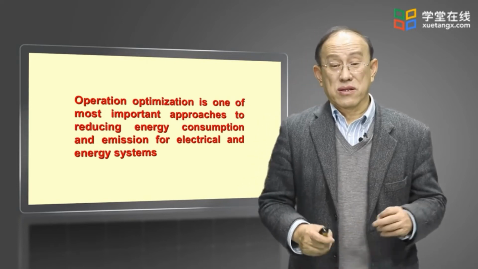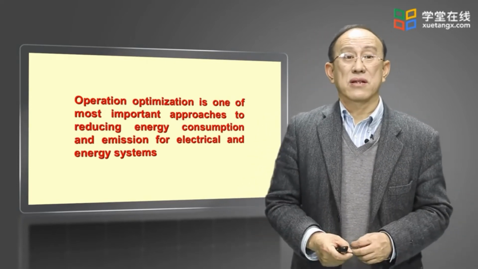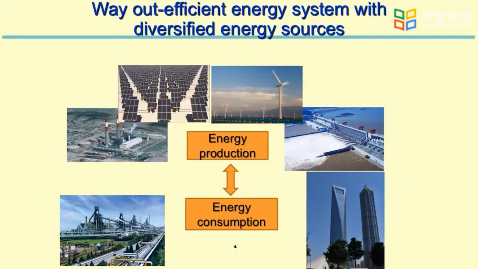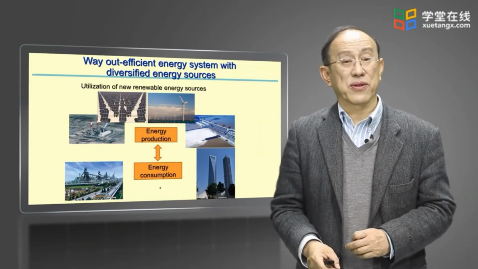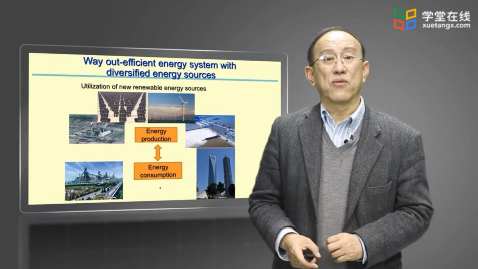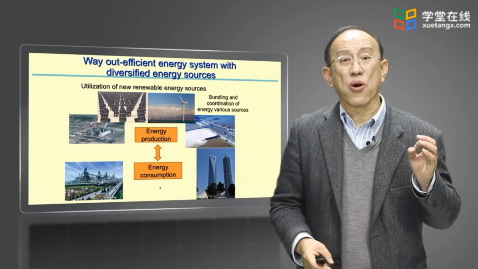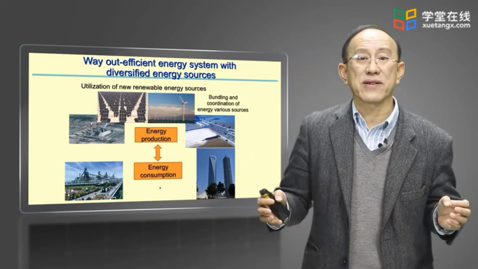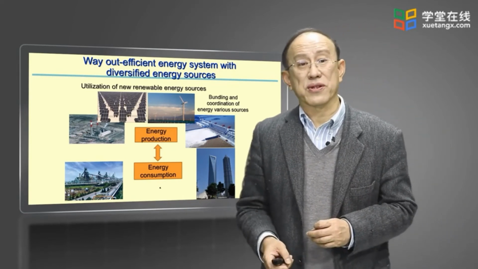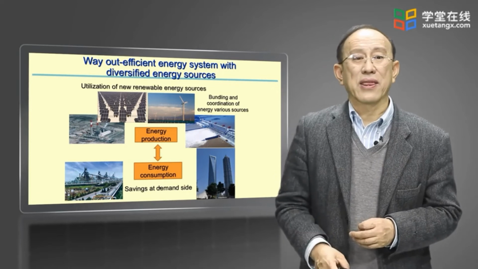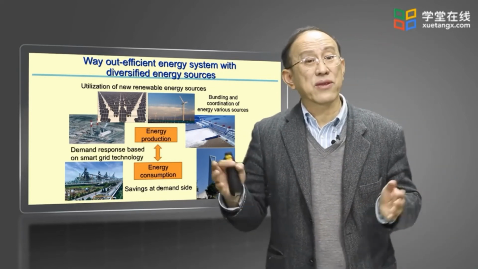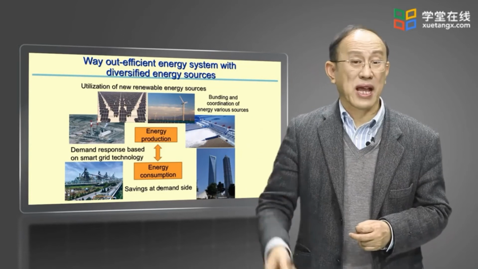What is the way out? The way out is an efficient energy system with diversified energy sources. We should utilize new renewable energy sources as much as possible. We should bundle and coordinate energy of various sources. We should save energy on the demand side, and also have demand response based on smart grid technology.